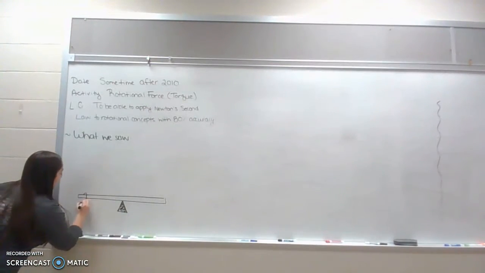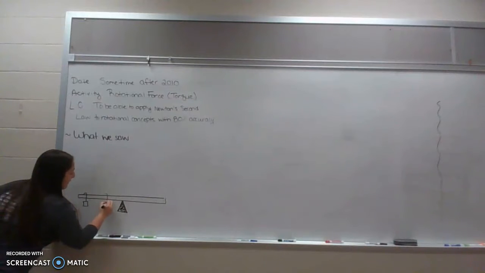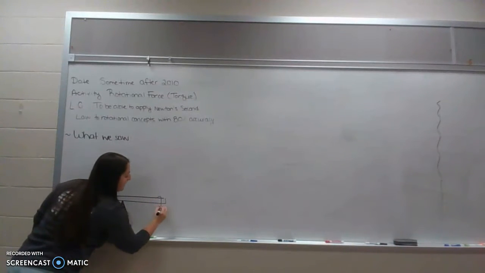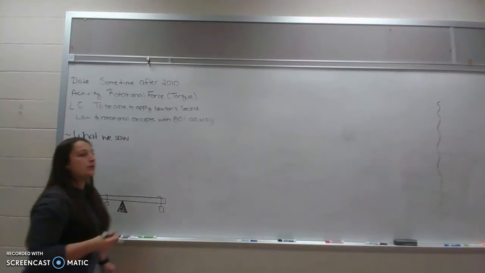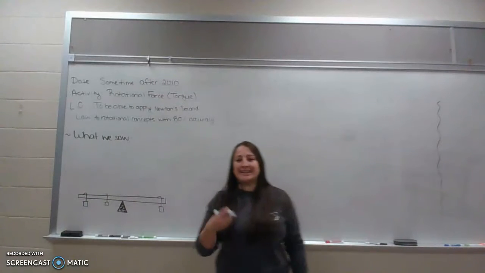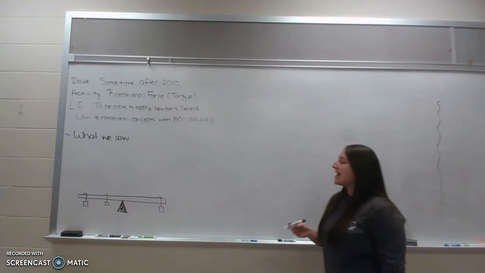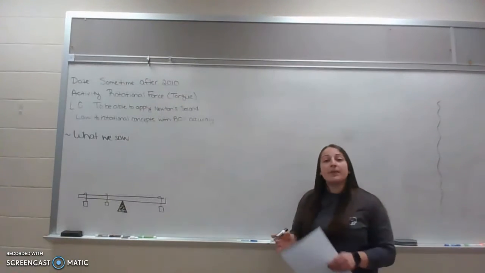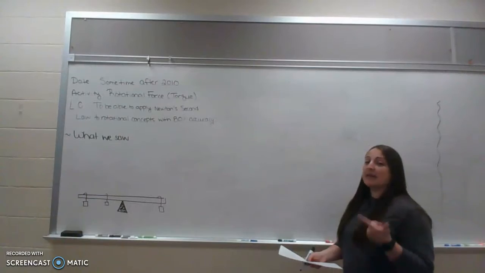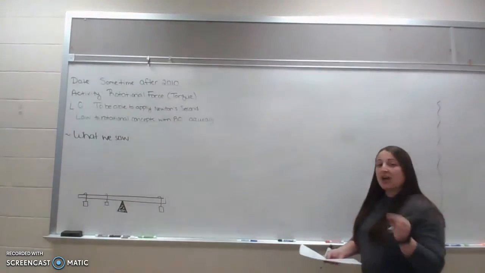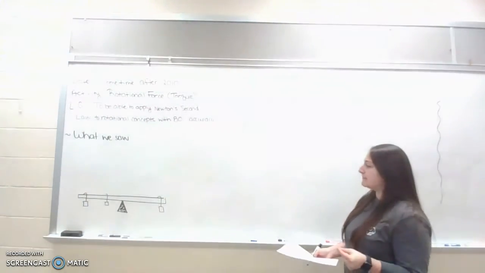So we had three masses of varying weights, and you found that you needed to place them at varying distances or varying radii in order to get it into equilibrium, showing that not only the mass but the radius had an effect on that rotational motion.